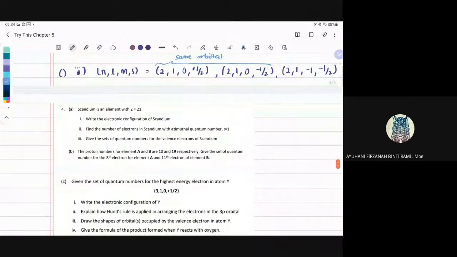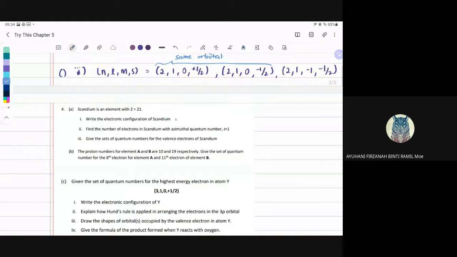Soalan 4. Scandium is an element. Okay. So scandium is an element with Z equals to 21. Right, the electronic configuration of scandium.